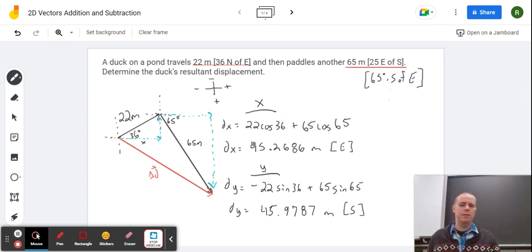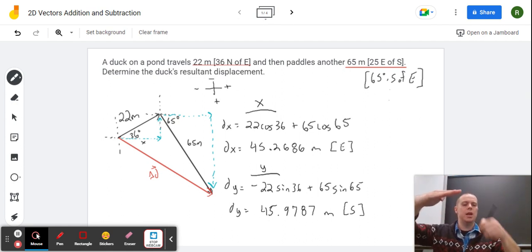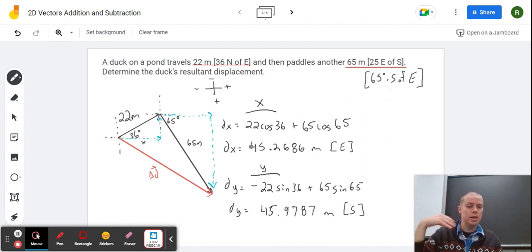So now that we've taken these complicated vectors going in different directions, we have now one single x and one single y. So we assemble that into a single triangle, and then we can just use normal Pythagorean theorem, basic trig to solve it.